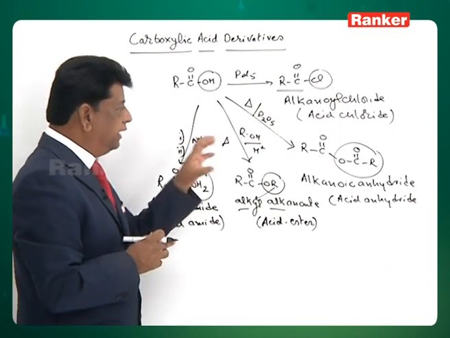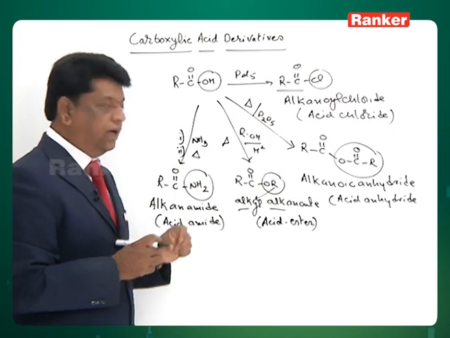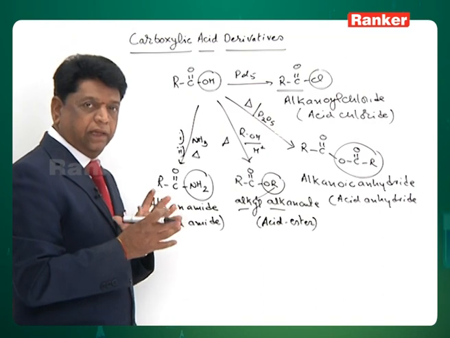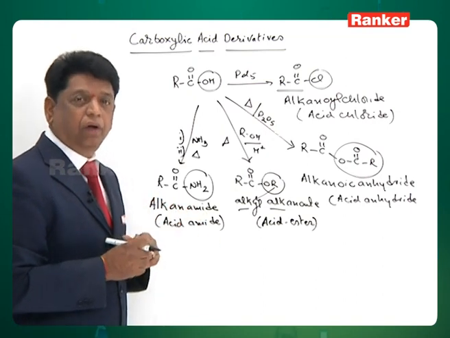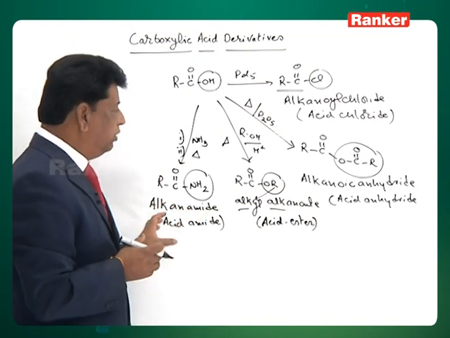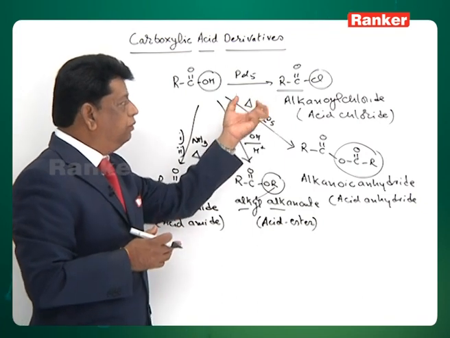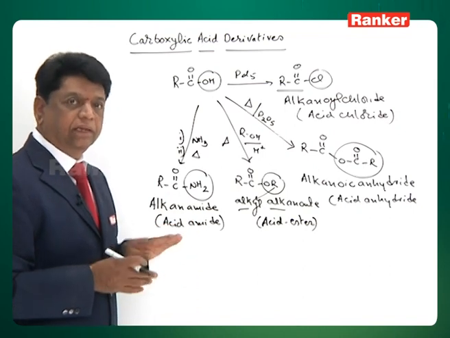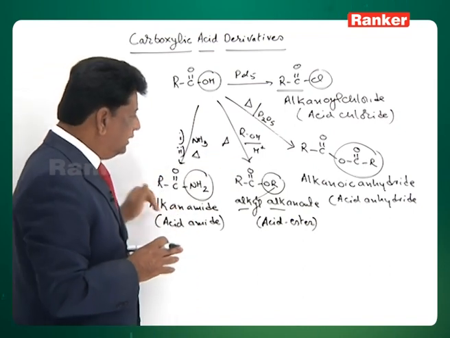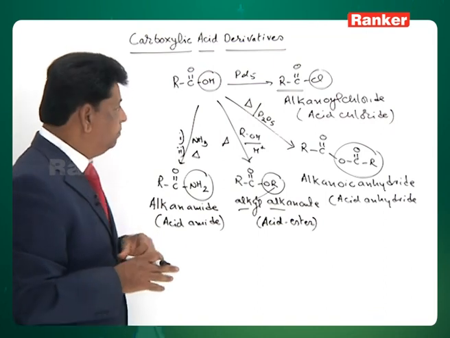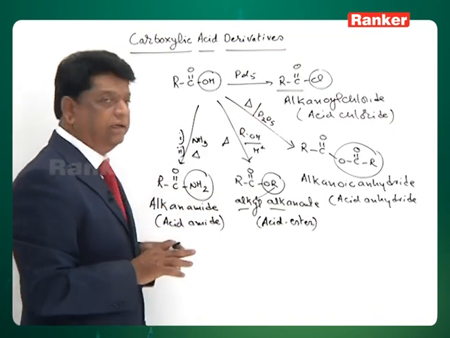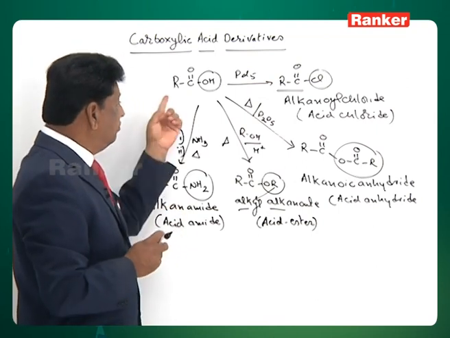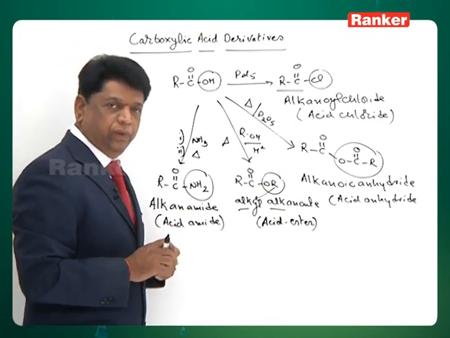First we will take up what the interrelation is, how they are interconvertible, in fact, how they react, that is the reactivity order or stability order, together we will see. Then we go to the individual member, acid chloride, its preparation and applications, or the properties of acid chloride. Like that, each derivative we will take up later. But first let us see the interrelationship or relative reactivity of these 4 derivatives, with reference to the carboxylic acid also we can discuss.